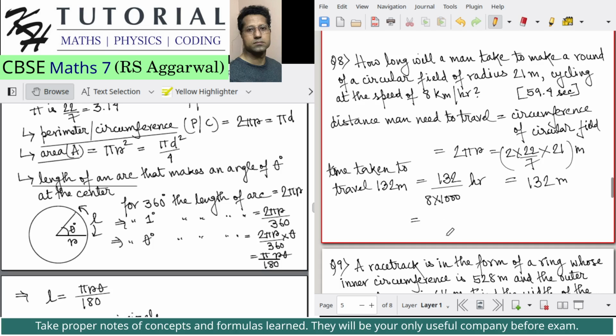This is equal to some fraction of an hour. Now we have to convert this. Since the denominator is a large number, let's see what this time will be in seconds. So this is 132 divided by 8 multiplied by 1000, and 1 hour we know is 3600 seconds.